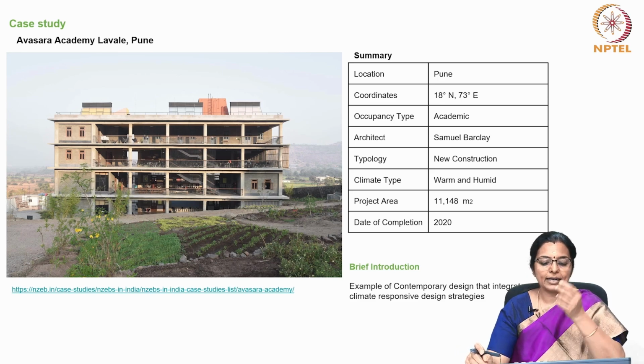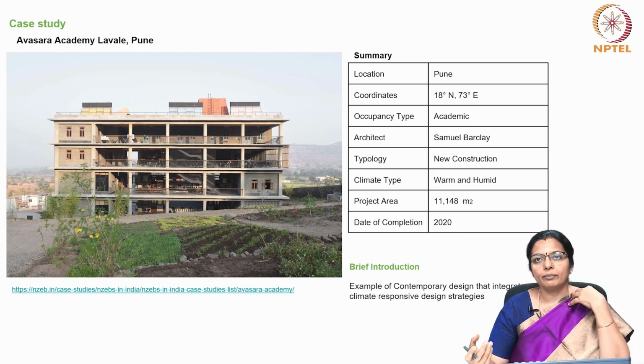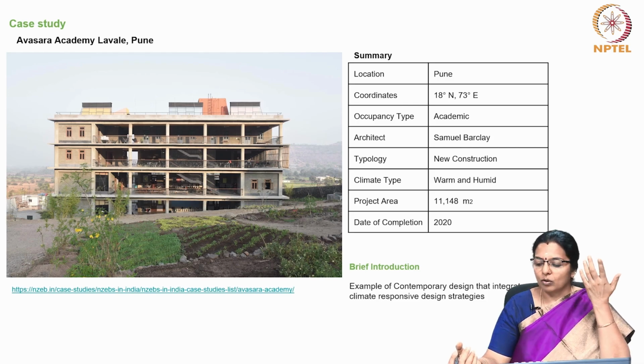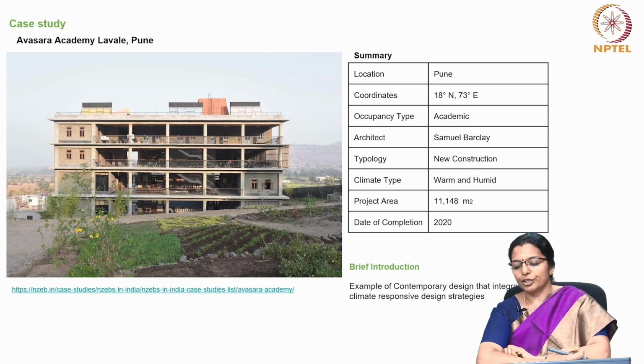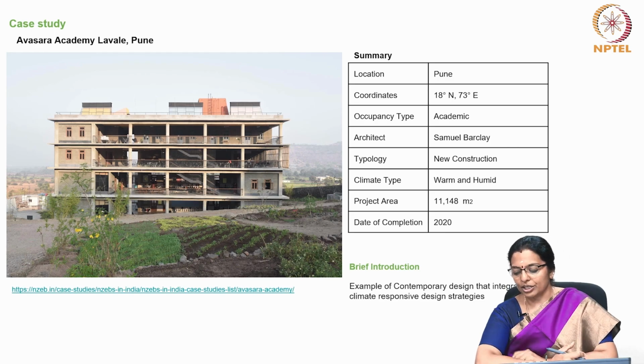Let us now look at the case study. The first case study which we will see is of Avsara Academy at Pune. Now, this is an academic institution. It's a new construction in Pune, we can say moderate, between moderate to hot and humid condition.